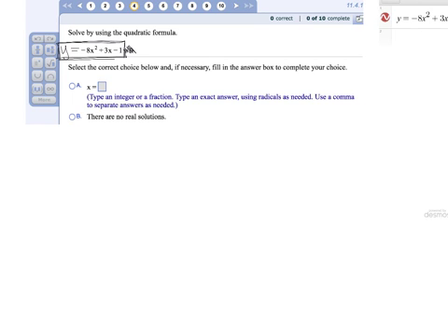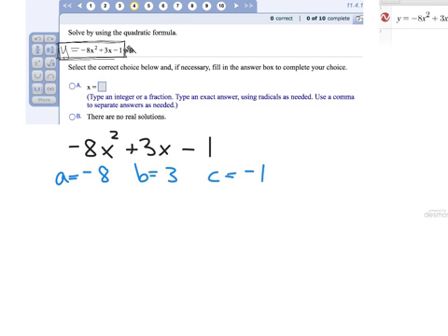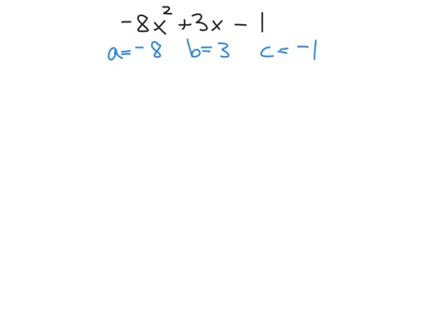So our quadratic equation here is negative 8x squared plus 3x minus 1. So a is negative 8, b is 3, and c is negative 1. And so now we're ready to do that quadratic formula.